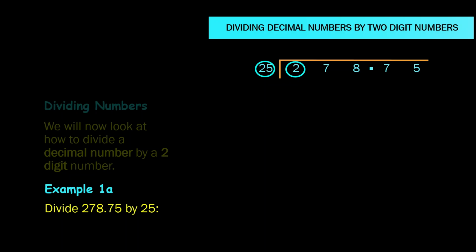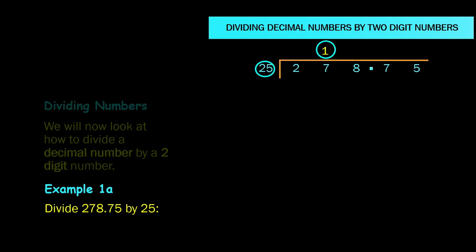Check how many times 25 goes into 2. Clearly, there are no 25s in 2, so we put nothing here. Now check how many times 25 goes into 27. There is one 25 in 27, so we put a 1 here, as shown.